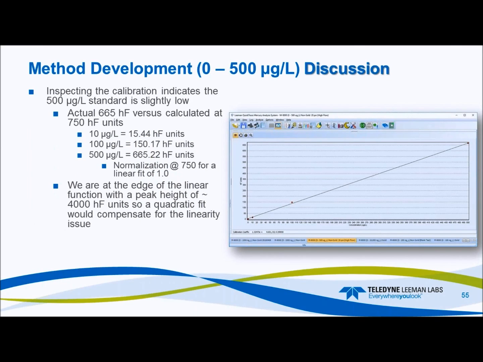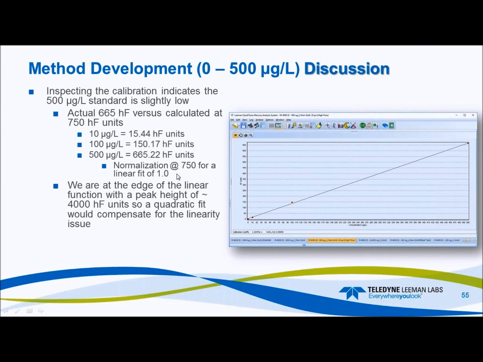So now when we look at the calibration and zoom in, I can actually see that the 500 looks a little bit low, and if I calculate it, I'll normalize it to the other two, the 10 and the 100, which are linear, at 15 and 115, normalize it up to 750 to get a 1.0.